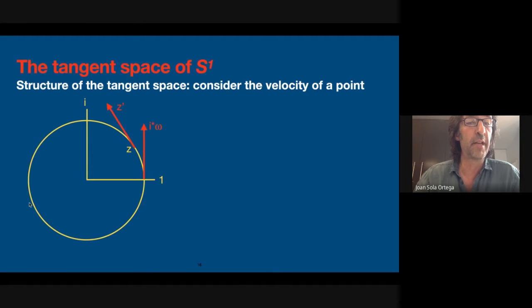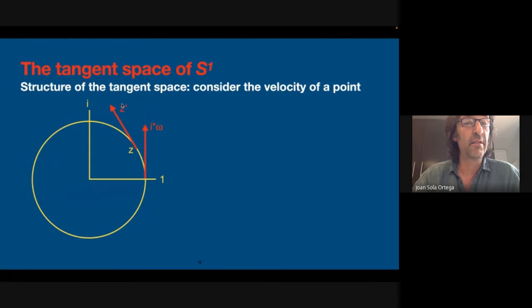The velocity is tangent to the trajectory. This is well known. So the velocity z prime or z dot belongs to the tangent space of the manifold.